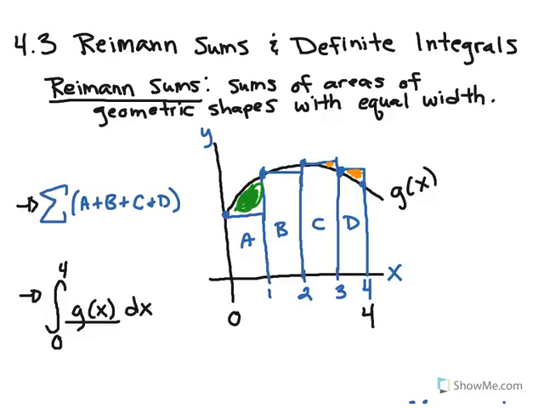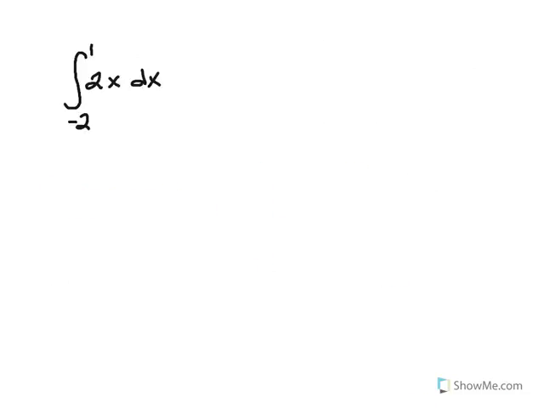Now, how do you actually go about doing a definite integral? Well, let's take a look at an example. Let's take a look at this problem. This is the definite integral from -2 to +1 of the function 2x with respect to x.